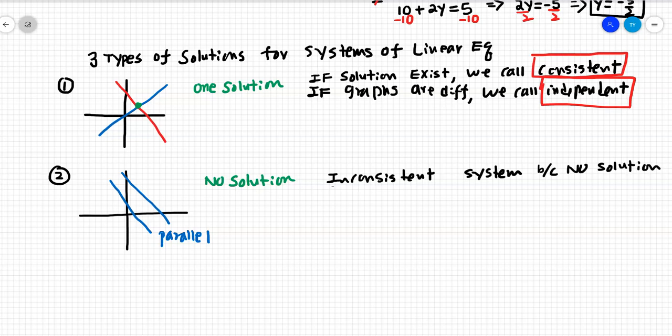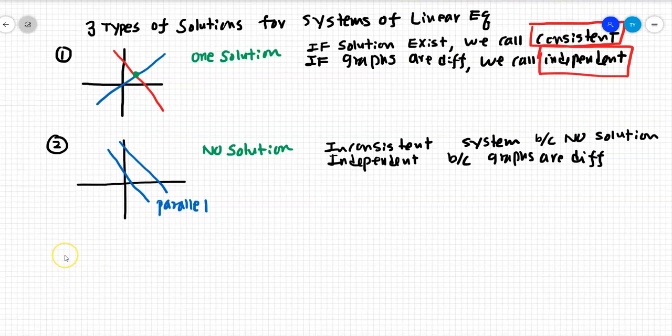And then we have independent because graphs are different. So that's going to be the second type of solution.